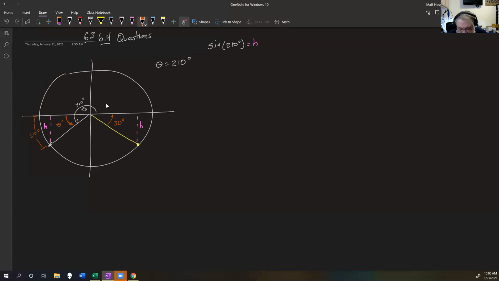So if that reference angle has to be 30, could we figure out what that angle is? Well, it has to be 330 because all the way around is 360. So the angle of 330 degrees.